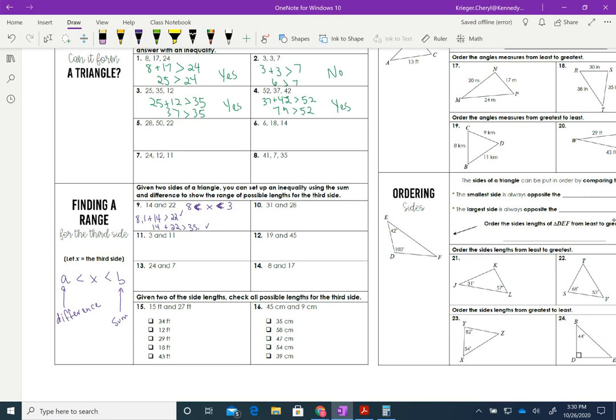Okay, number 10, we're going to find the difference between 31 and 28, which is 3. So 3 is less than X, and X is less than 31 plus 28, which is 59.